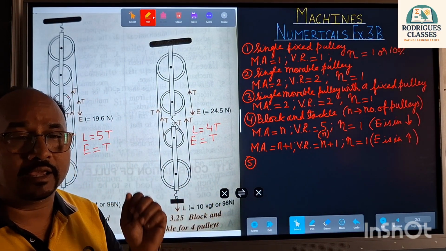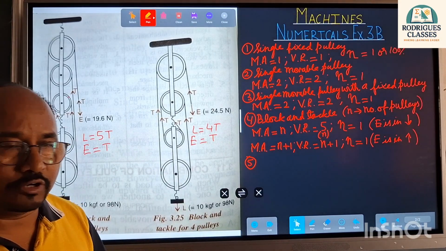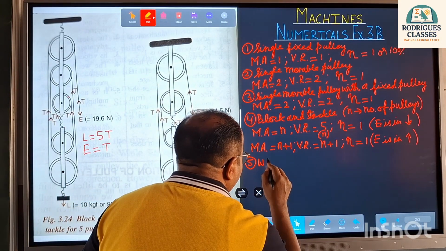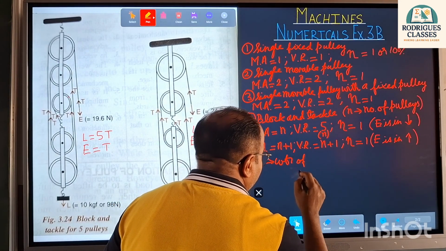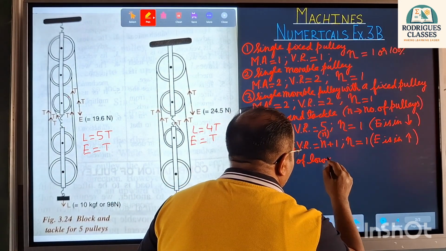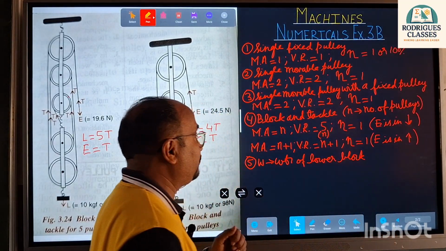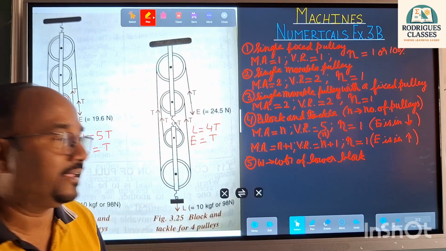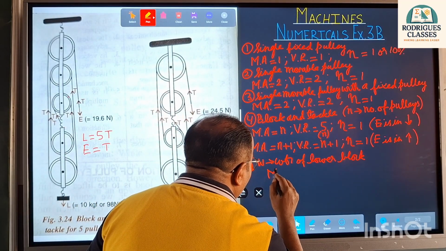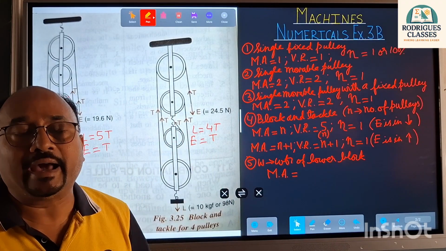If we take the weight of the lower block to be W, so W is the weight of the lower block. So now we will be lifting that lower block weight also. So in this case, I am not going for the derivation of the mechanical advantage. I will be writing it directly.